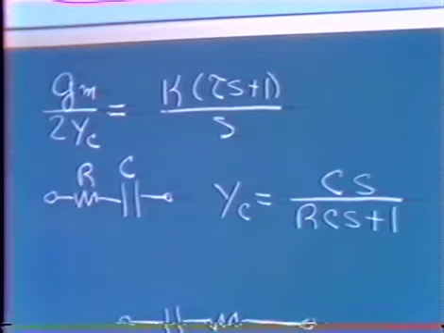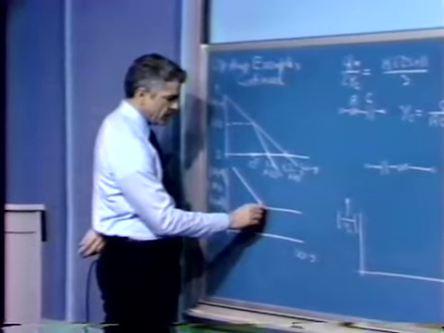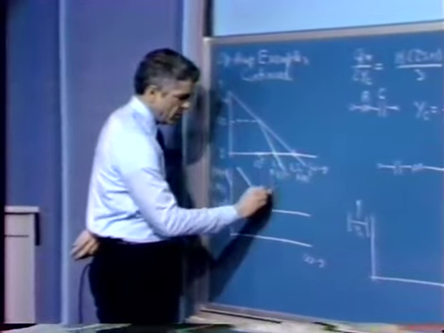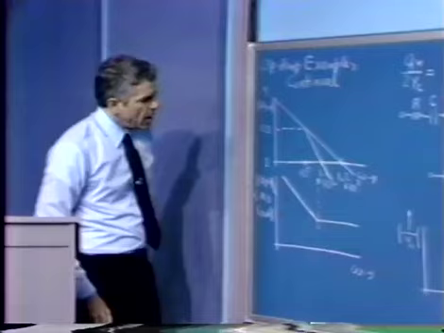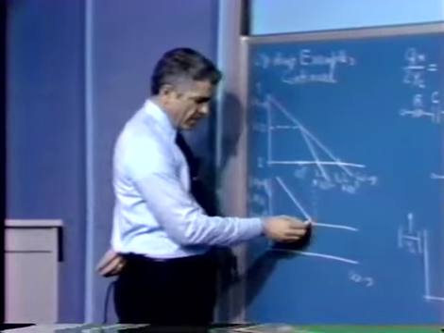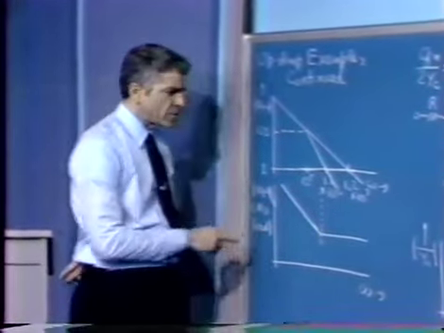And what we might do then is, for example, choose a zero location, as I've shown it, somewhere out in here. If we did that, we'd use that zero from the compensated amplifier open loop transfer function in the absence of load.